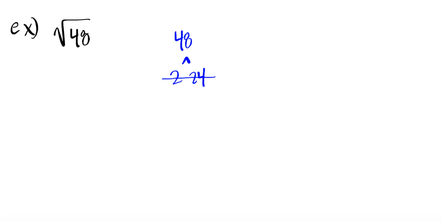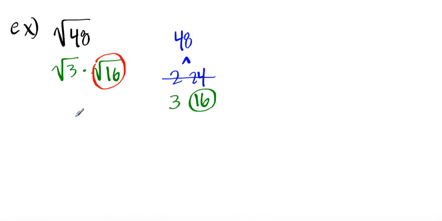So I tried 2. I'm going to go in numerical order so I make sure I exhaust all my options. So then I tried 3. Well, 3 goes into 48 16 times. We're good to go because 16 is a perfect square. That's what we're looking for. So we're going to break the square root of 48 up into the square root of 3 times the square root of 16. 16 is a perfect square.